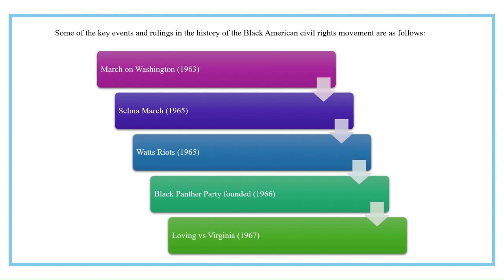A crowd of about 250,000 individuals had gathered at the National Mall in Washington, D.C. to listen to speeches by civil rights leaders. The I Have a Dream speech by Martin Luther King Jr. became one of the defining moments of the civil rights movement.